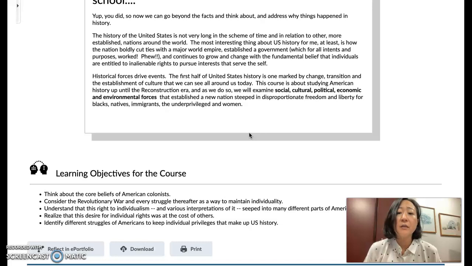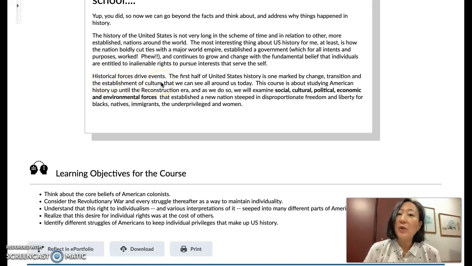The most interesting thing about U.S. history for me, at least, is that it challenged and rejected and cut ties with a major world empire, established its own government, which for all intents and purposes worked, and continues to grow and change with a fundamental belief that individuals are entitled to inalienable rights to pursue interests that serve the self.